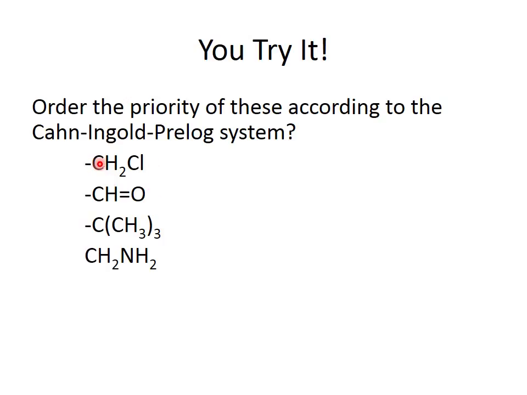Okay, let's go ahead and look at them individually. This carbon has chlorine, hydrogen, hydrogen. This carbon has oxygen, oxygen, hydrogen. This carbon has carbon, carbon, carbon, and this carbon has nitrogen, hydrogen, hydrogen. Well, the one with the chlorine attached has the greatest mass, so this is going to be my number 1.